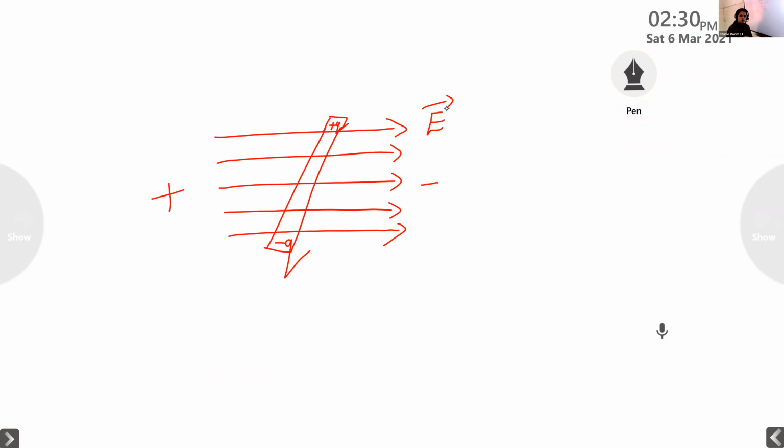Torque is represented by the symbol tau, and it can be found using a formula.